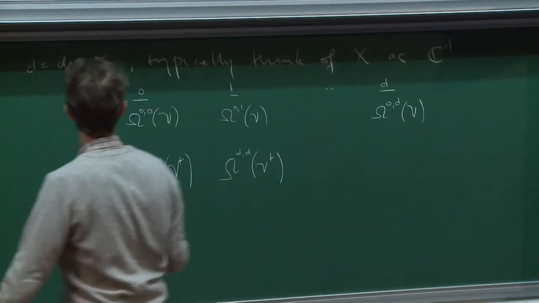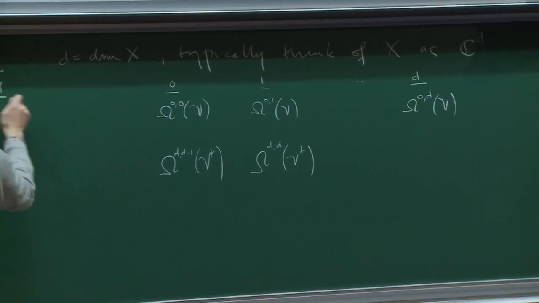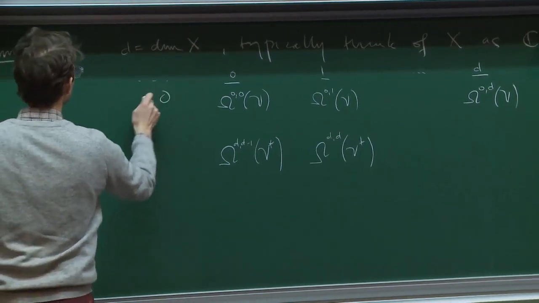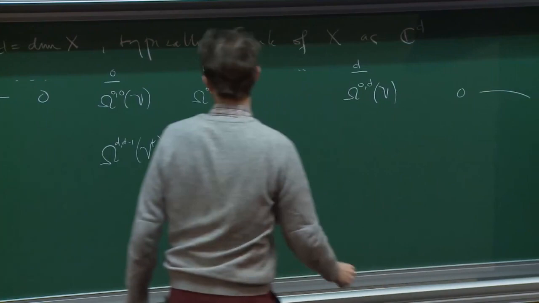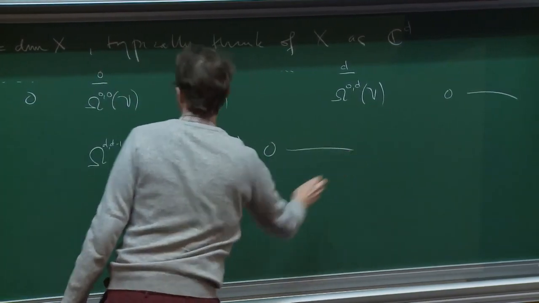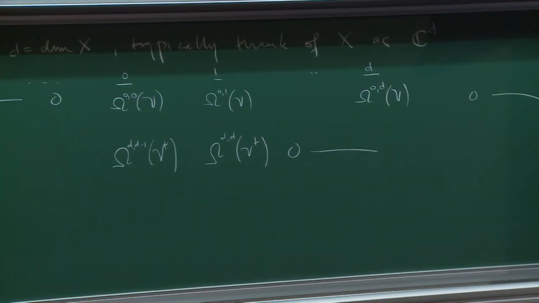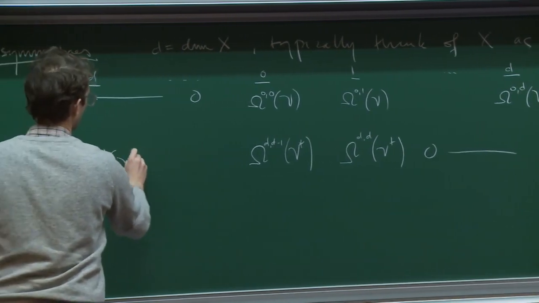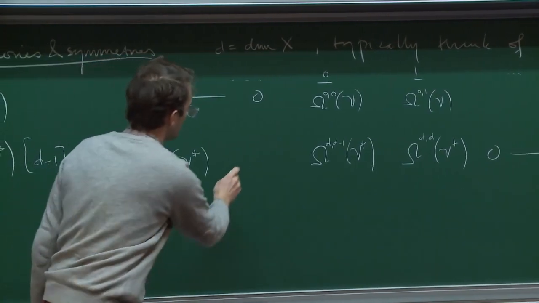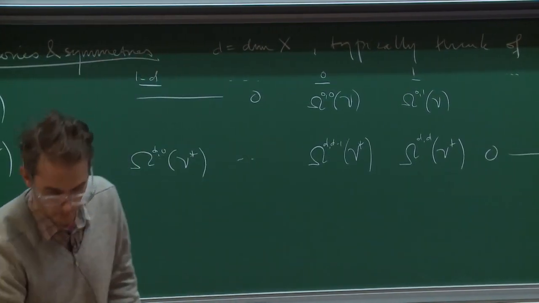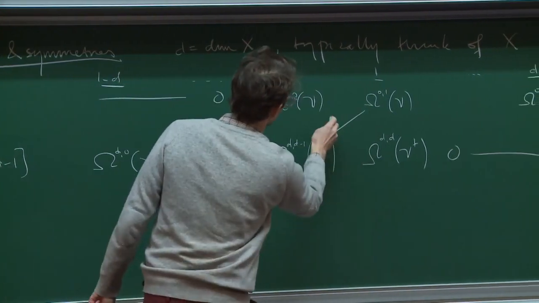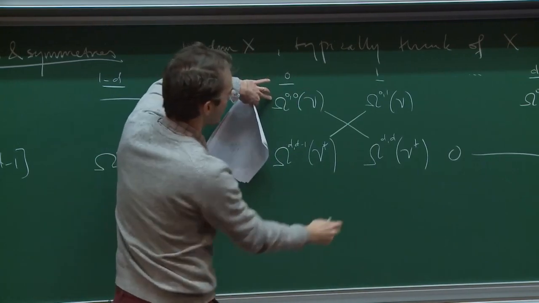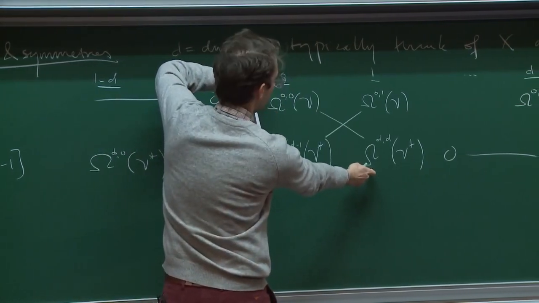But now I've introduced these other things. So this is all zeros in the gamma part. But down here I have omega D,0. What I want to point out, if you're familiar with BV, is that these fields have their antifields being here.